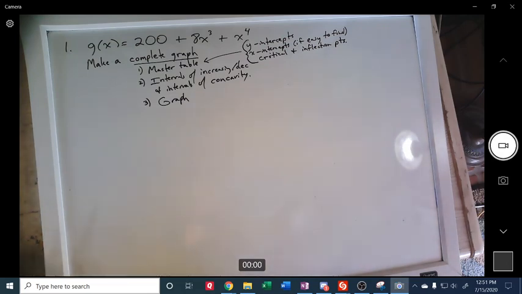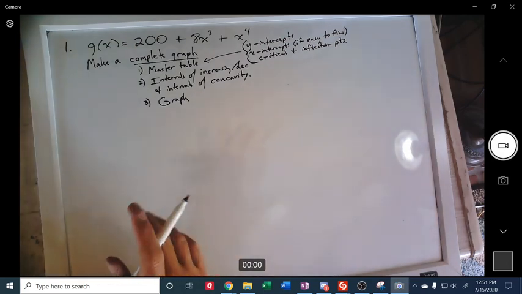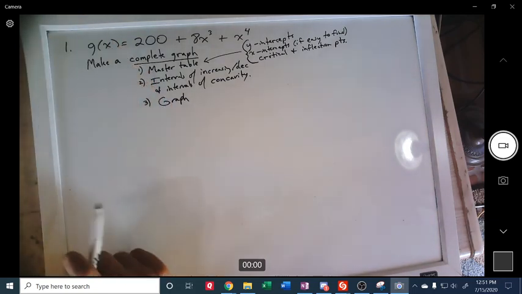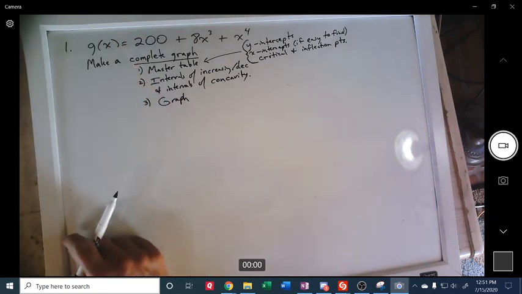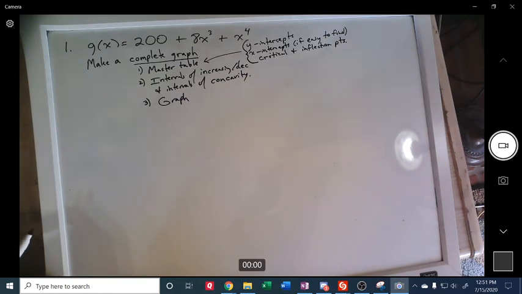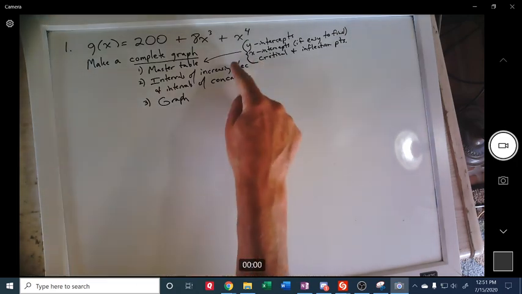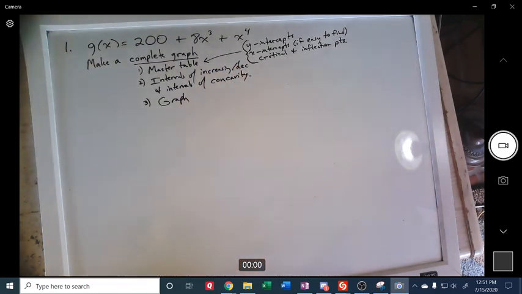All right. So that's what we need to graph this thing. And so come test time, there'll be questions like, here's a function, and make a complete graph for it. You won't get complete credit unless you can do all the different parts of it.